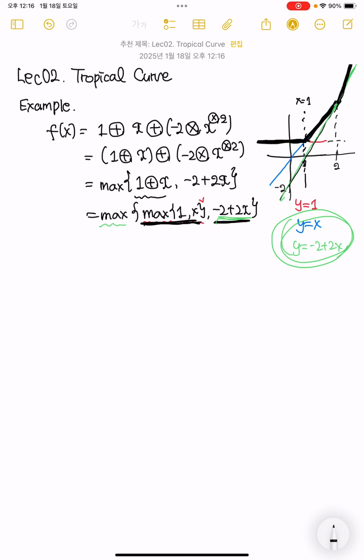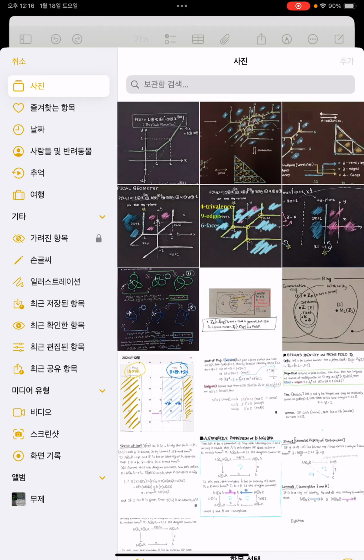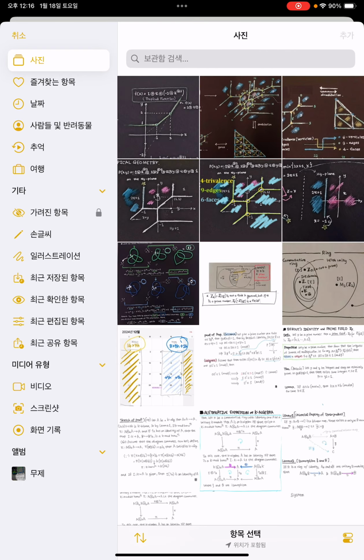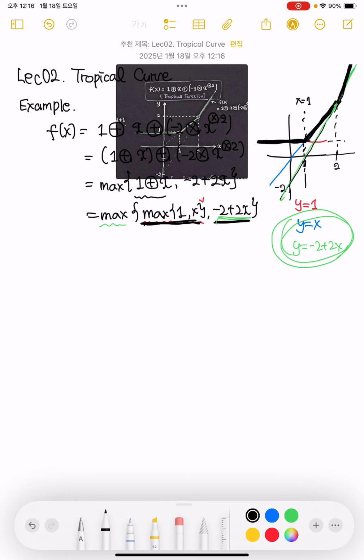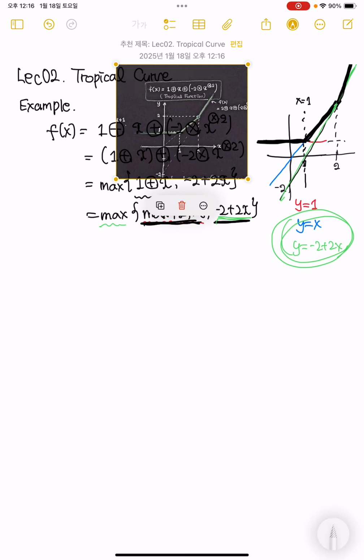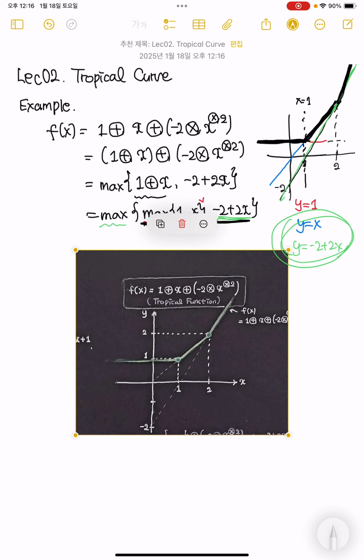So finally, if we plot the graph, we can obtain the following graph.